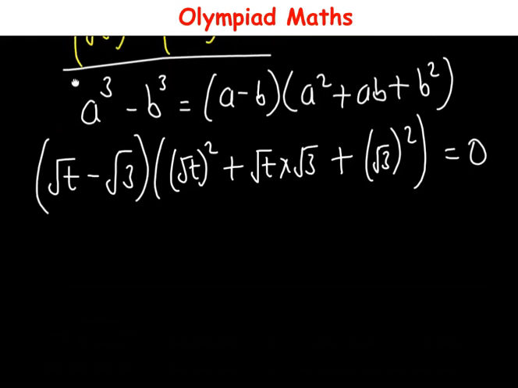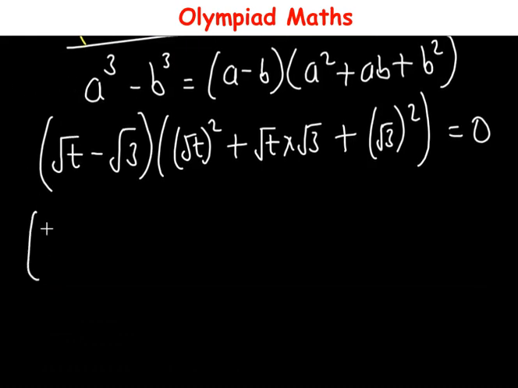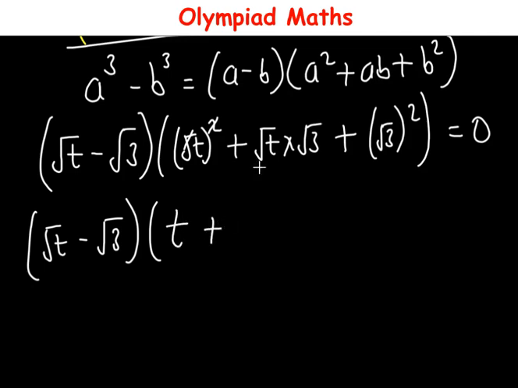So from here, what we have is (root t minus root 3) multiplied by (square root cancels square, t stands alone, plus root t times root 3 is root 3t, plus square root cancels square, what we have is 3), all equal to 0.